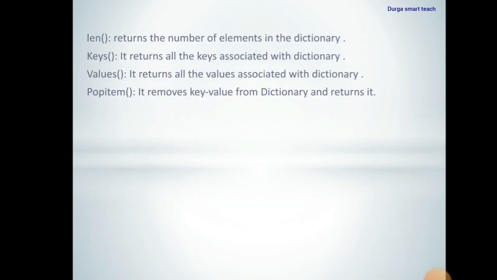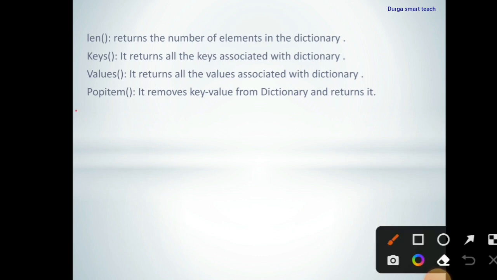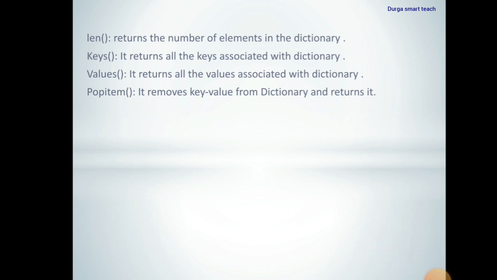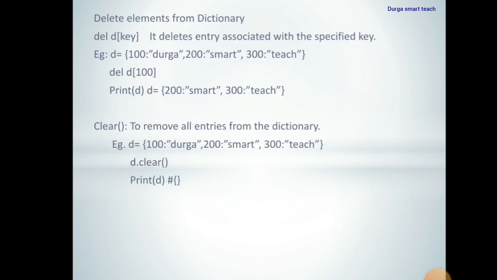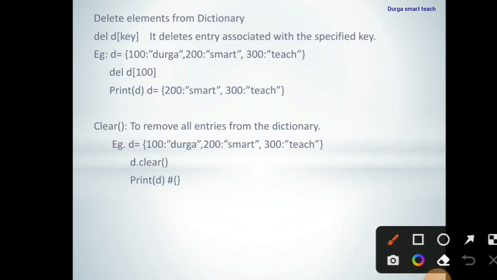Okay, so next one is popitem. Pop means remove. The popitem function removes a key-value pair from the dictionary and returns it. We all know a dictionary does not support indexing and slicing, so that's why popitem.